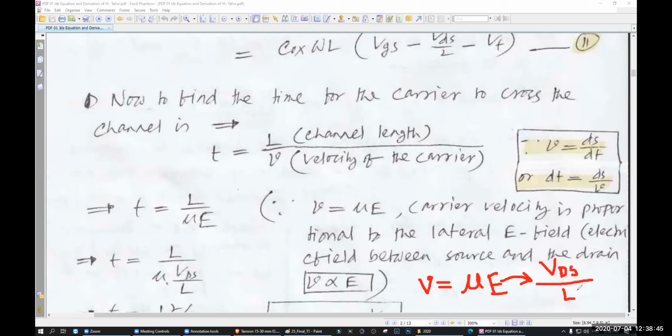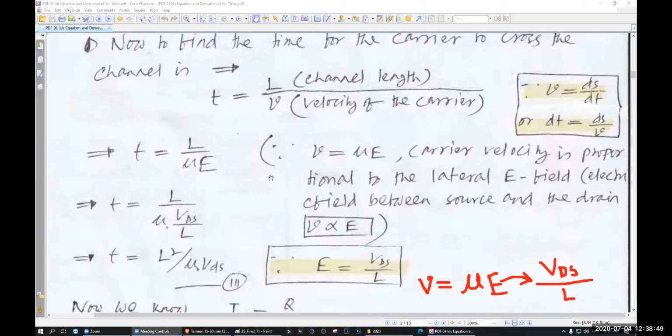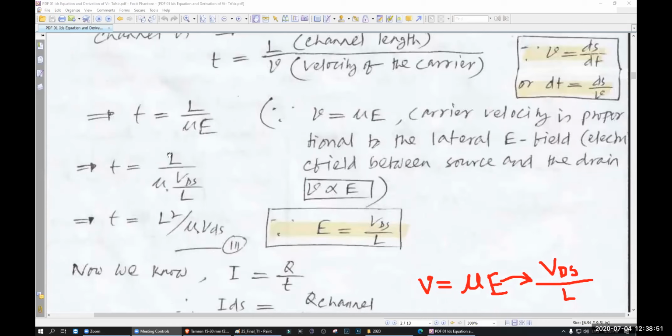So T is L divided by mu E, with E equal to VDS by L. This L will go up and become L square. So your T is equal to L square divided by mu VDS, right? So that is your T.